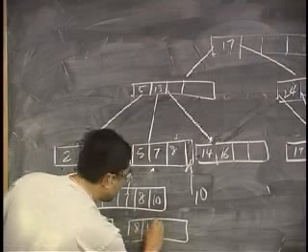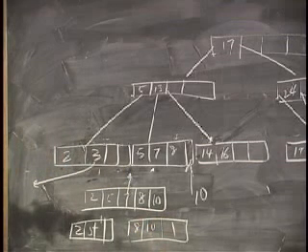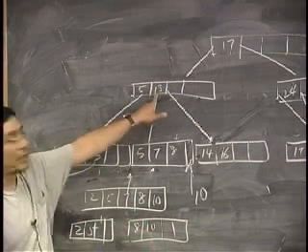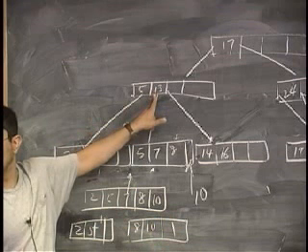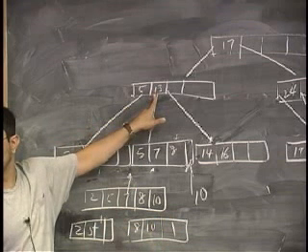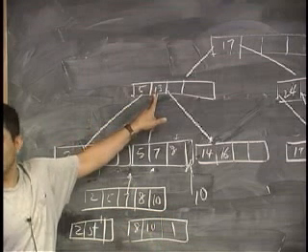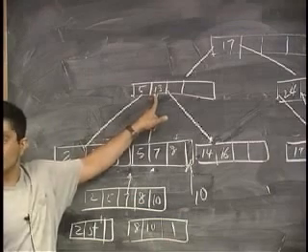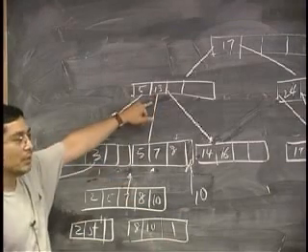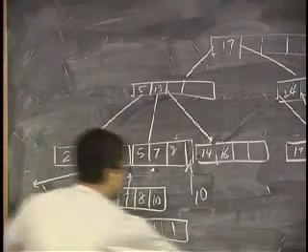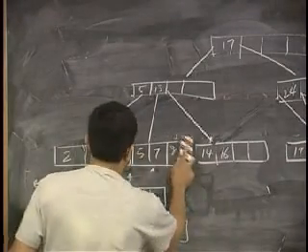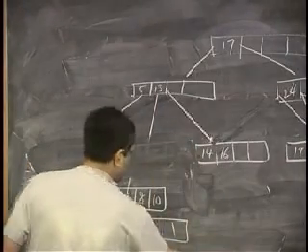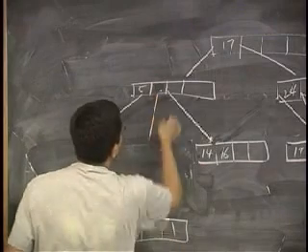So what happens to those? Now this 7 will go up here, in between, so there are 3 things there now. So now 7 will go up a level.